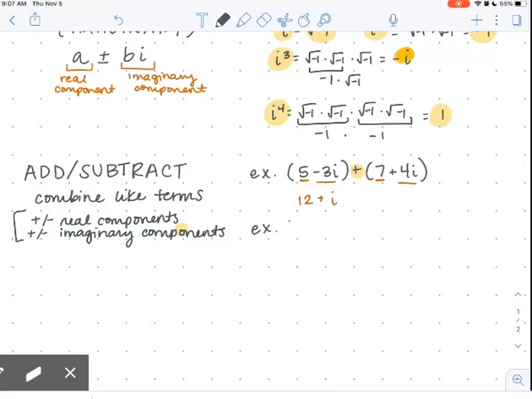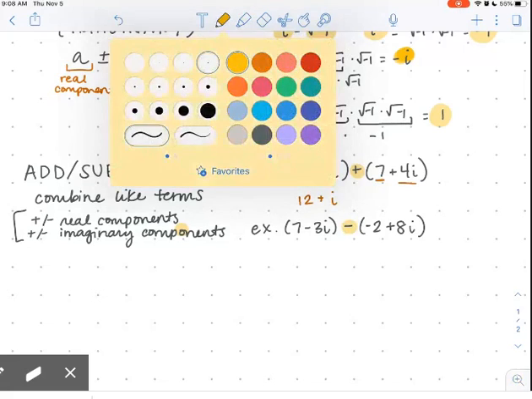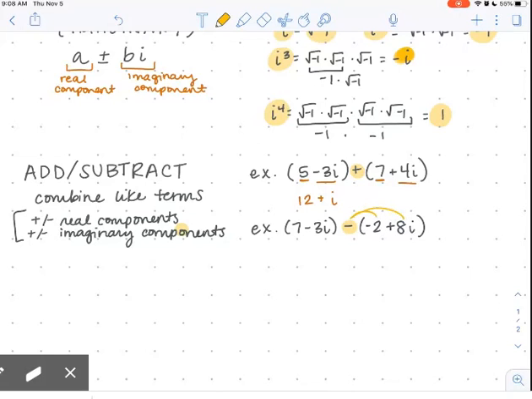So if we have 7 minus 3i minus negative 2 plus 8i, just like if we were dealing with anything else, this negative needs to be distributed through the second parentheses here. So you would maybe rewrite this first. 7 minus 3i minus negative is a plus 2 minus 8i.